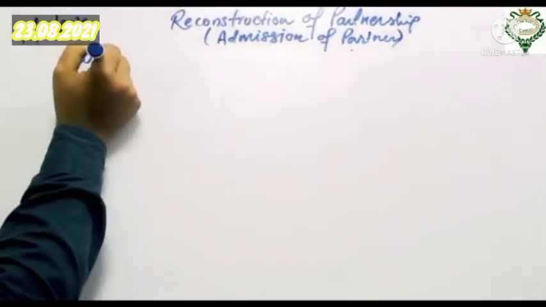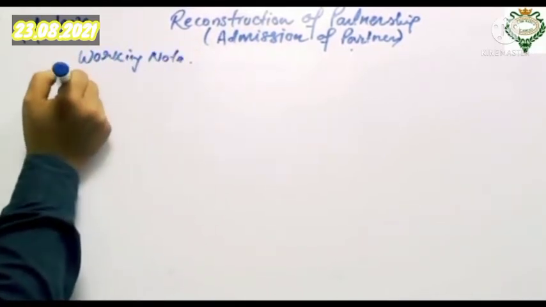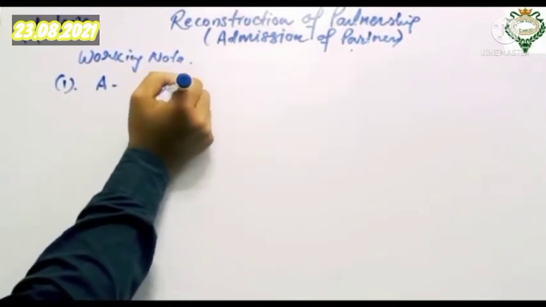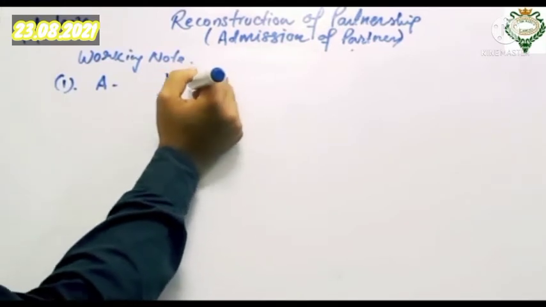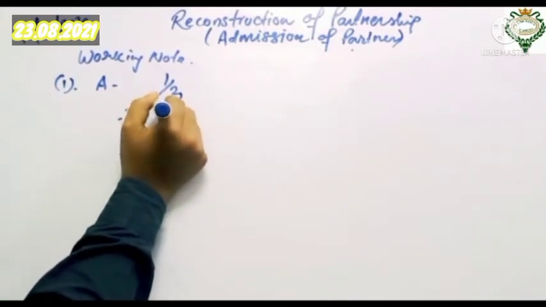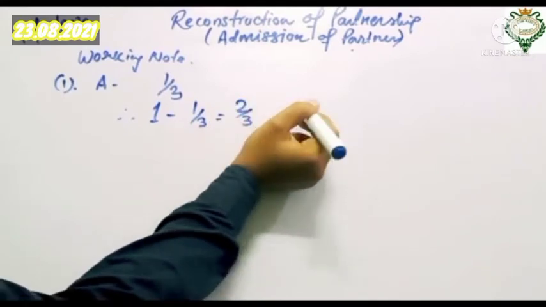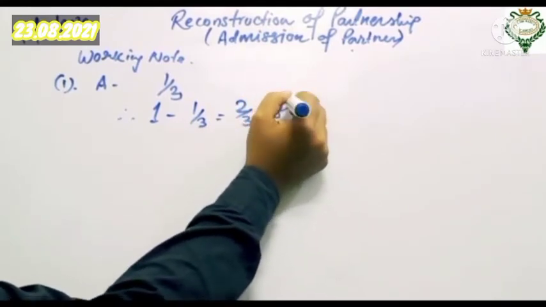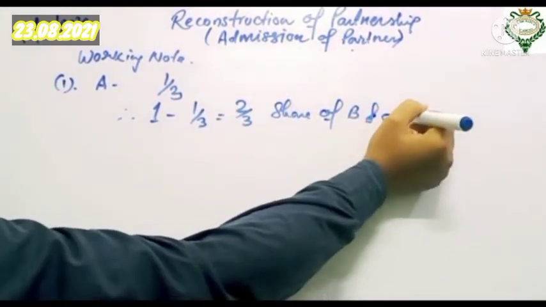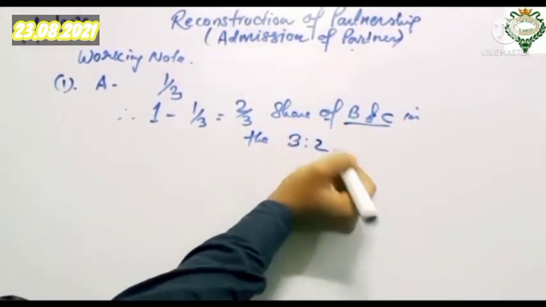Now the calculation, that is the working note. Point 1. Partner A entered the business with a profit sharing ratio of 1/3. Therefore, 1 minus 1/3 equals 2/3 will be shared by B and C in the ratio of, what is their ratio, 3:2.